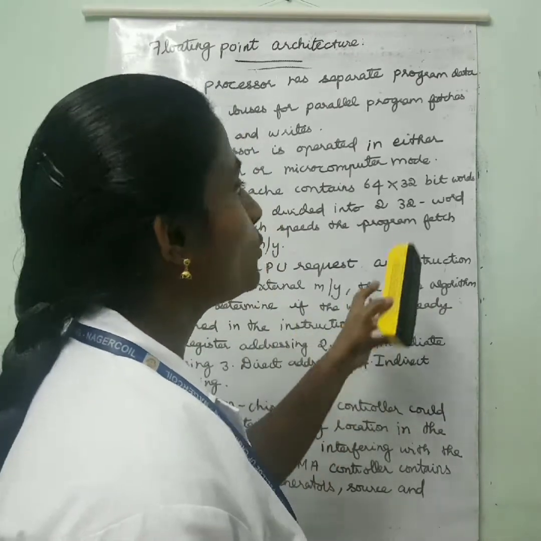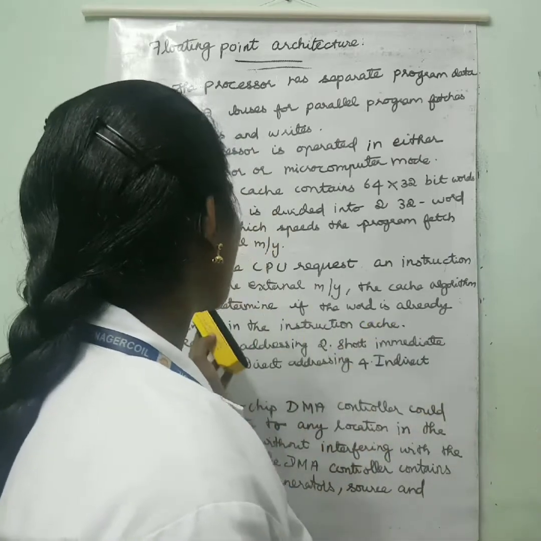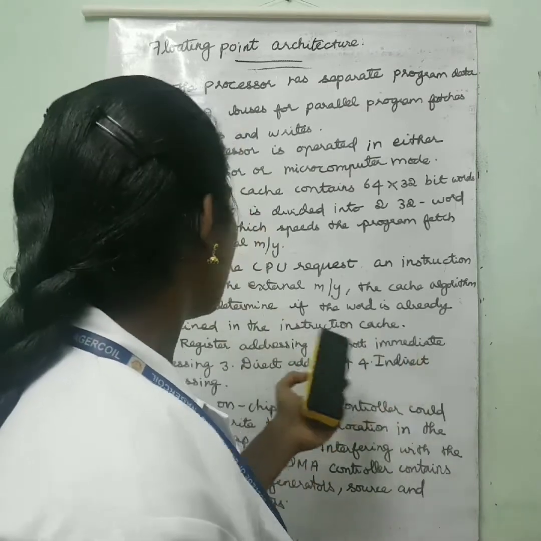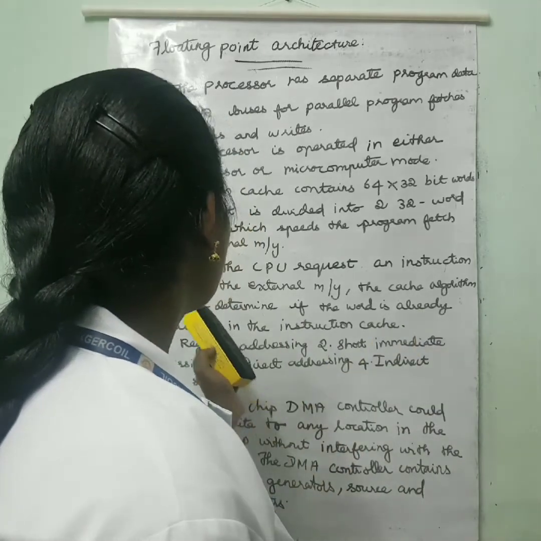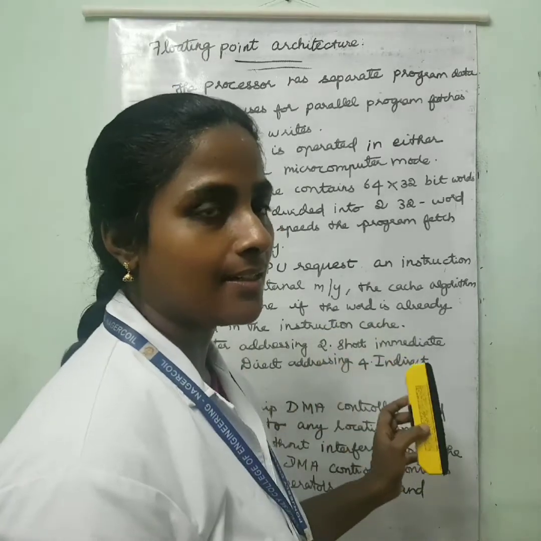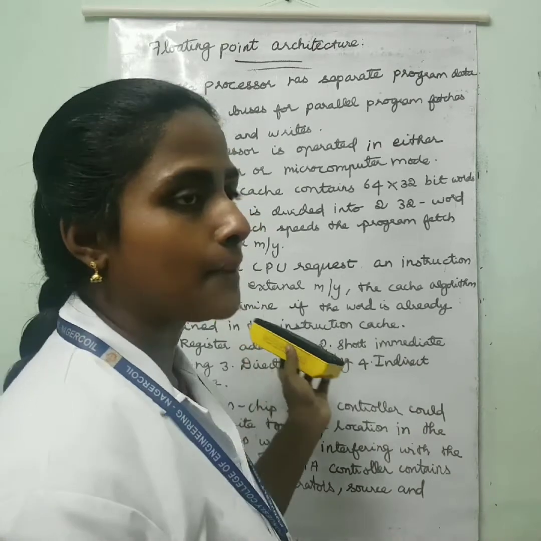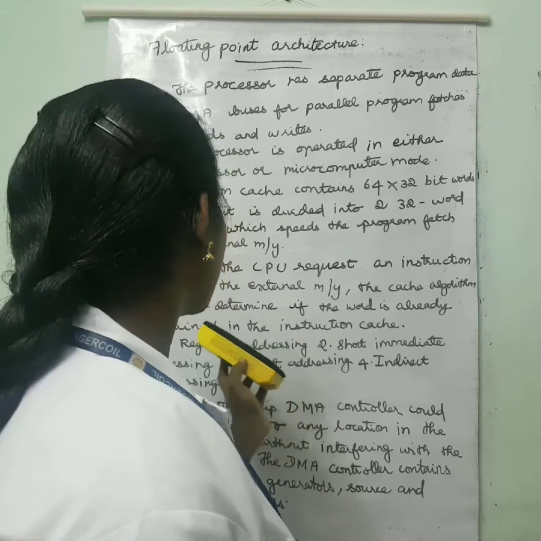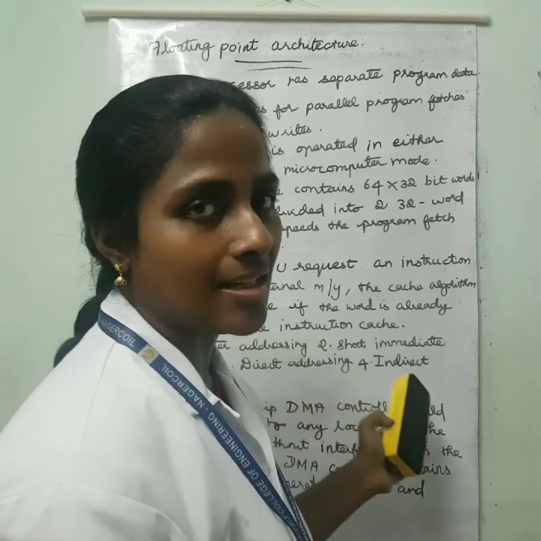When the CPU requests an instruction word from the external memory, the cache algorithm checks to determine whether the word is already contained in the instruction cache.